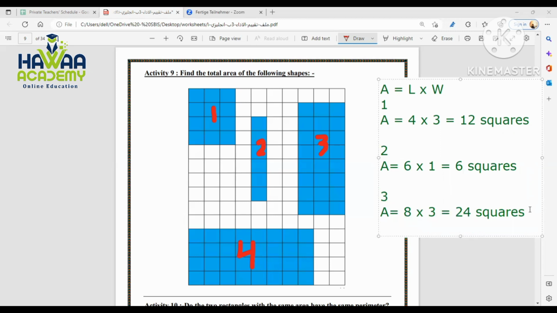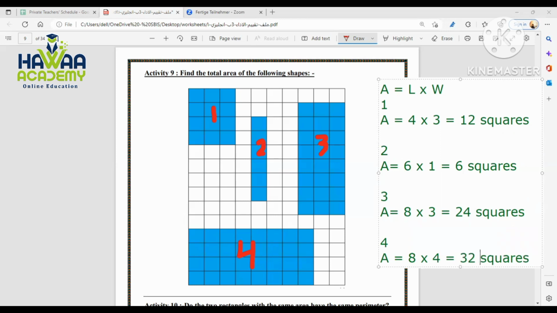And let's get the last one, which is shape 4. Here it is. What is the length here? It's 1, 2, 3, 4, 5, 6, 7, 8. So it's 8 times what? 1, 2, 3, 4. Let's count in fours: 4, 8, 12, 16, 20, 24, 28, 32.